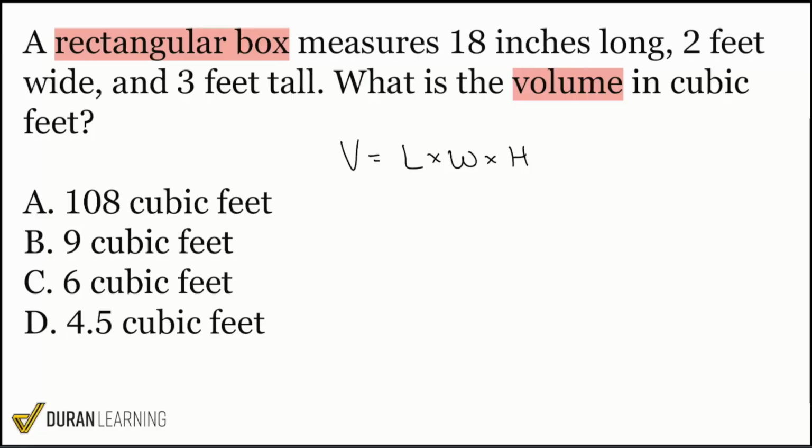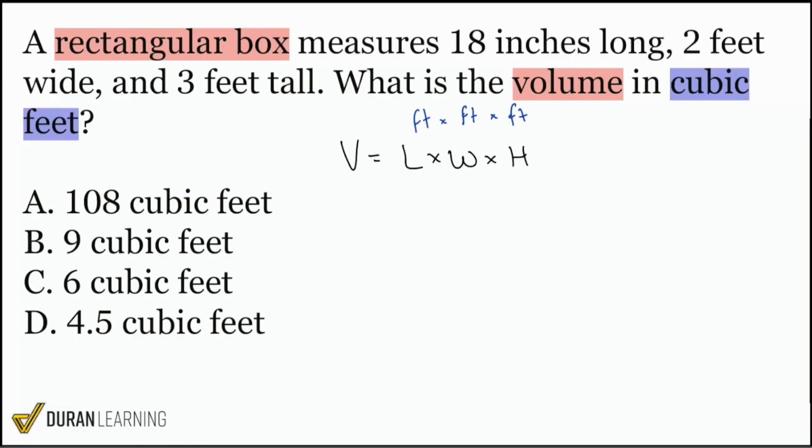Perfect. So now that we're here, one thing we need to understand is that the volume is required to be in cubic feet. One more time. Again, cubic feet. So what that means is that we need feet multiplied by feet multiplied by feet.